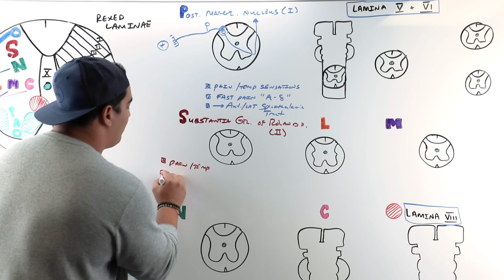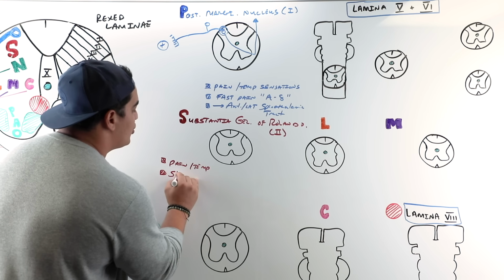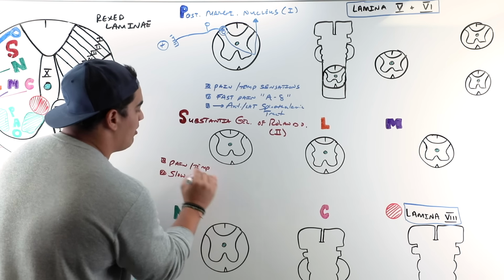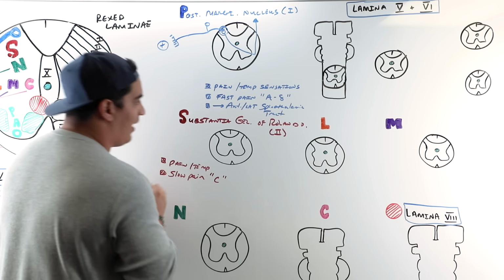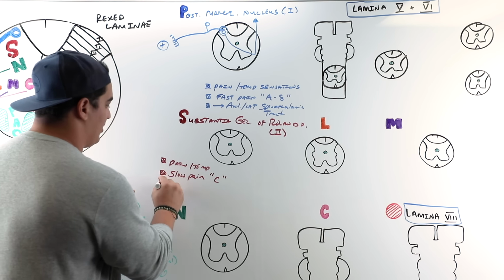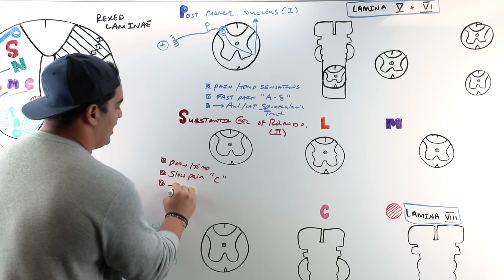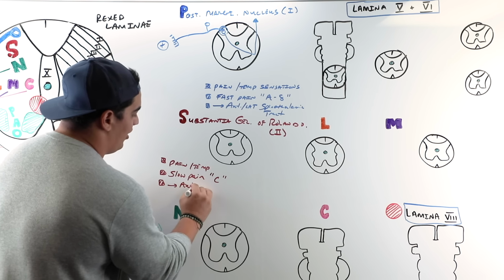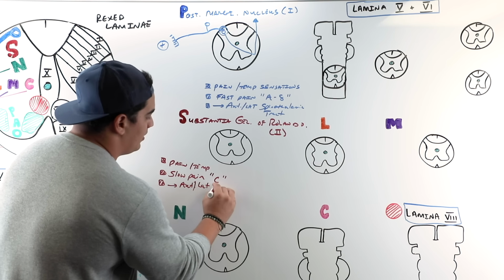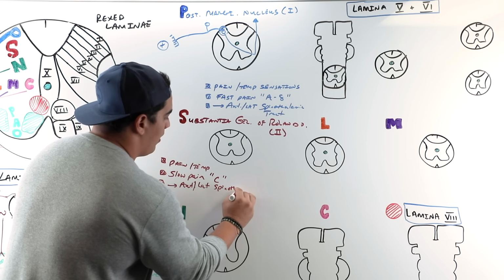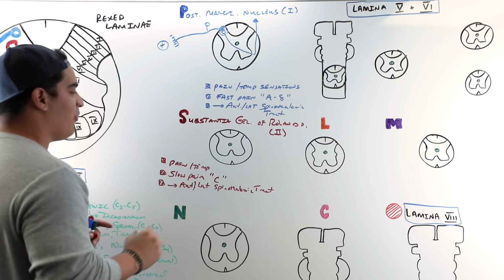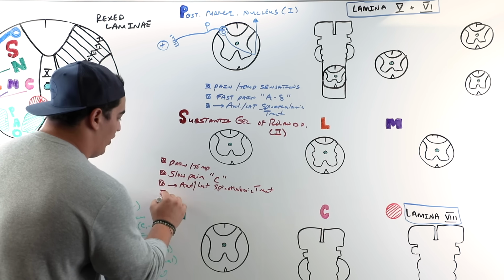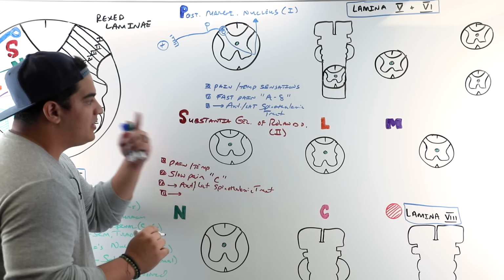But the type of pain and temperature is slow pain. Do you guys remember what the fibers were that carried slow pain? That was your C fibers. Okay, that was your C fibers. The other thing I want you to know is that it actually becomes a part of that anterior lateral spinothalamic tract.